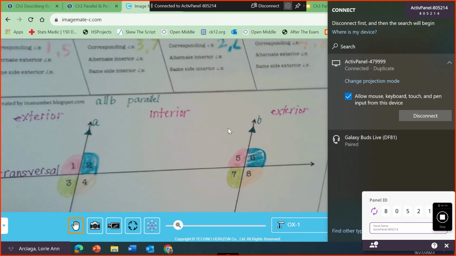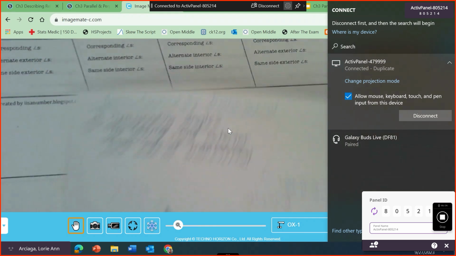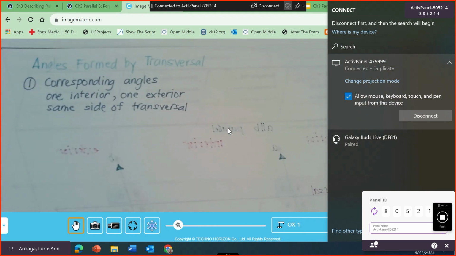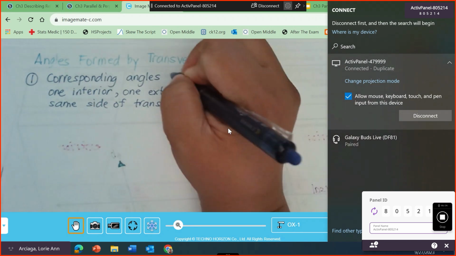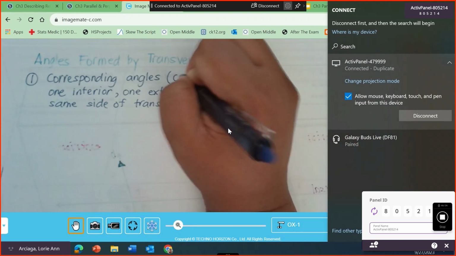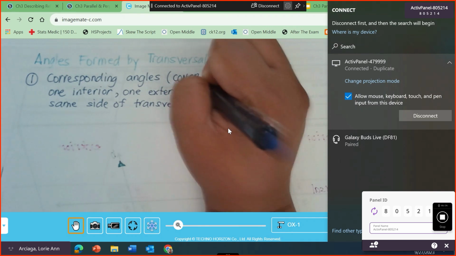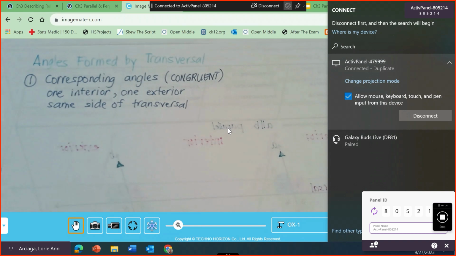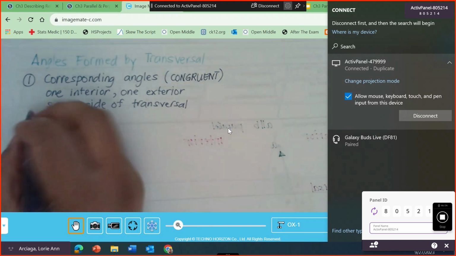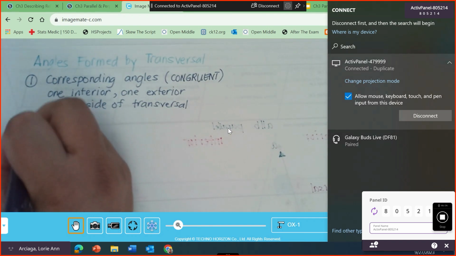Okay, so going back on the back page, I'm going to write here corresponding angles, and in parentheses, you're going to put congruent. Okay, so all corresponding angles are equal to each other.